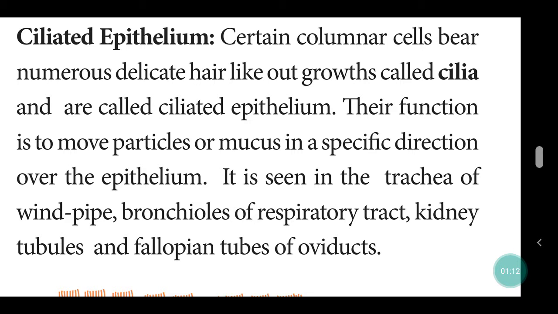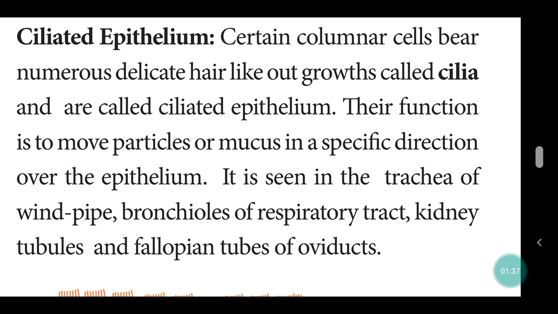For example, imagine our respiratory tract, which starts from the nose and ends in the lungs. When we breathe, some dust particles can enter our nostrils. Even though they enter, this ciliated epithelium brings the dust particles outside.